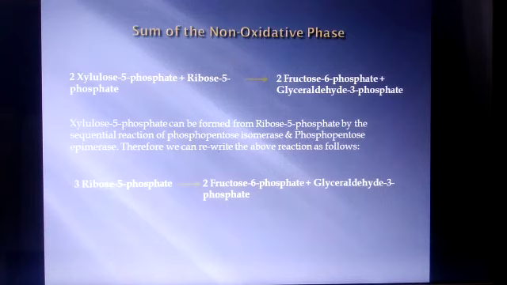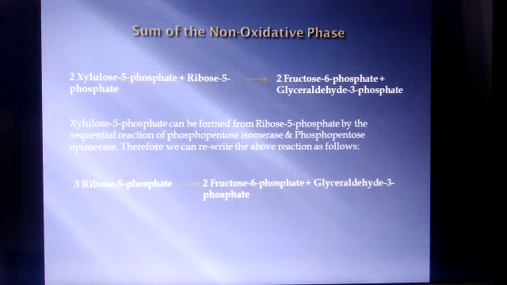Xylulose 5-phosphate can be formed from ribose 5-phosphate by the sequential reaction of phosphopentose isomerase and phosphopentose epimerase. And so the net reaction starting from ribose 5-phosphate is as follows: 3 ribose 5-phosphate will ultimately produce 2 molecules of fructose 6-phosphate and 1 molecule of glyceraldehyde 3-phosphate.